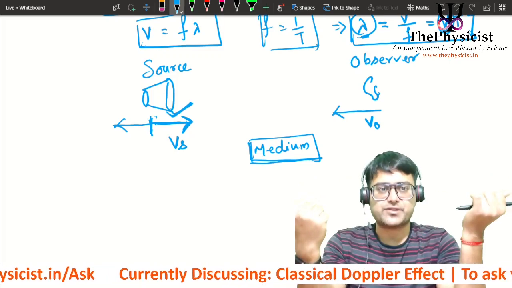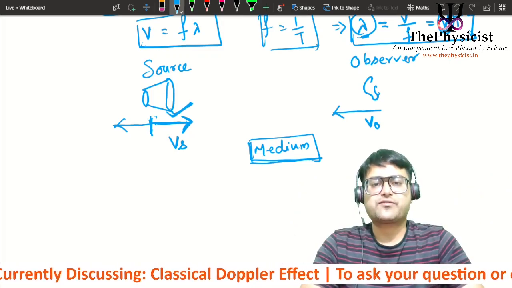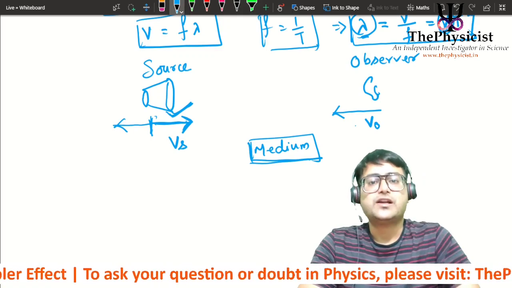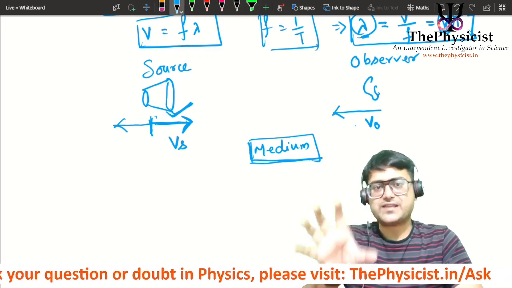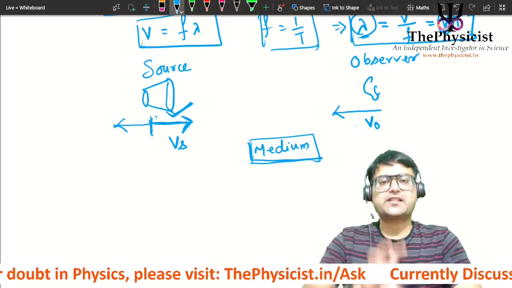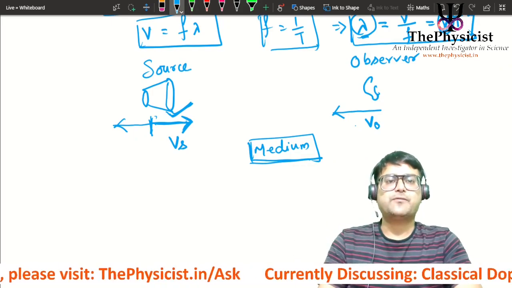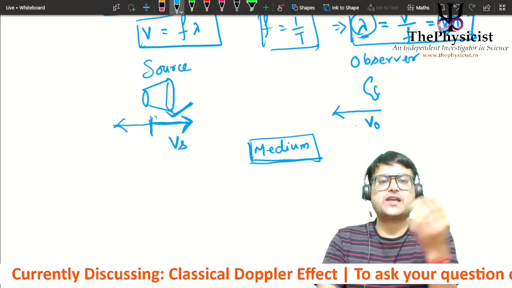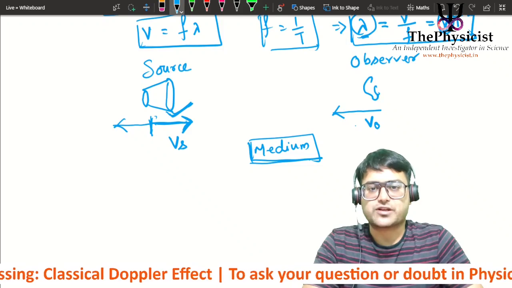If the recession happens, then instead of Vs, you take minus Vs, and instead of Vo, you take minus Vo, depending on the case. For the case that we are deriving, the sign convention is that if the source and observer are approaching each other, then both Vs and Vo are taken as positive.